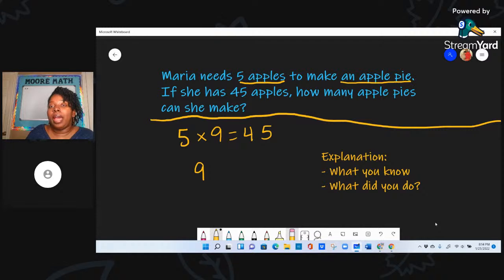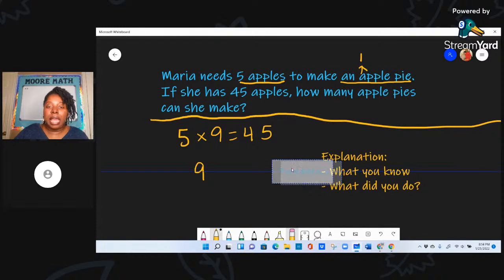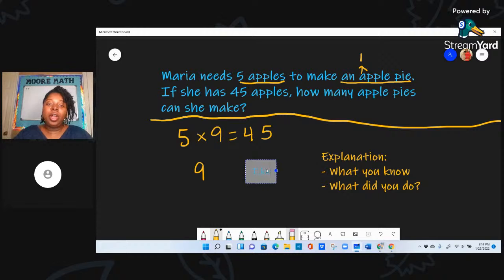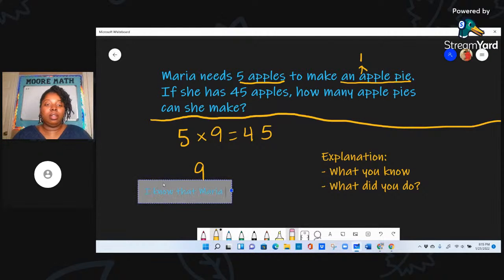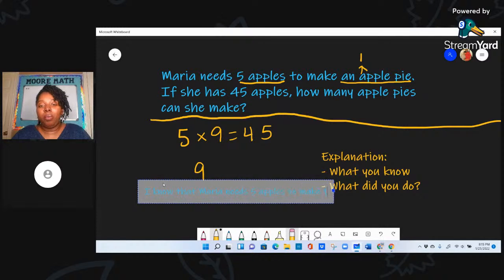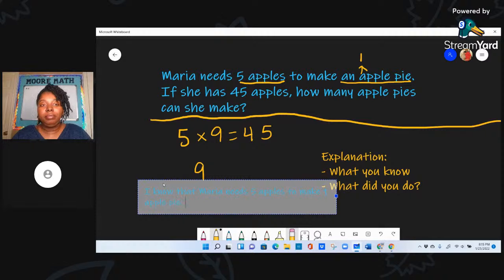Good. 5 apples to make 1 pie. So when you write down what you know, this is what I need you to start saying, okay? I know that Maria needs, so repeat the first sentence. 5 apples to make 1 apple pie.